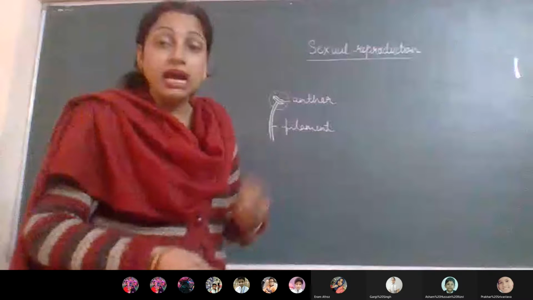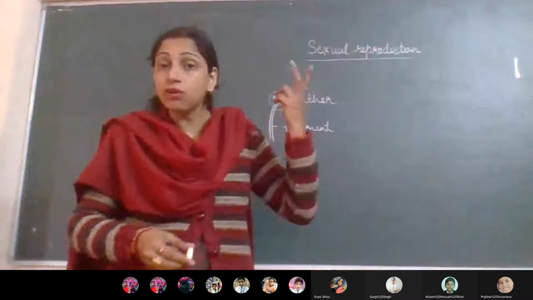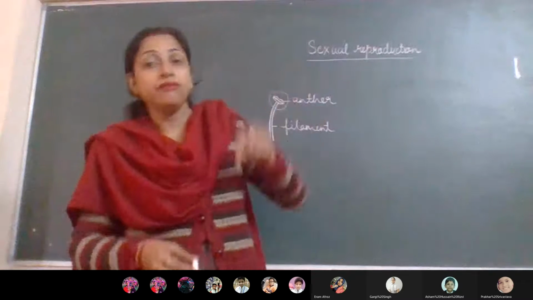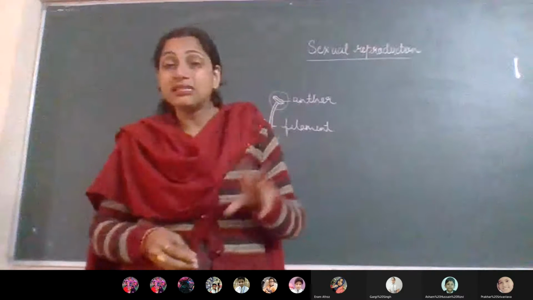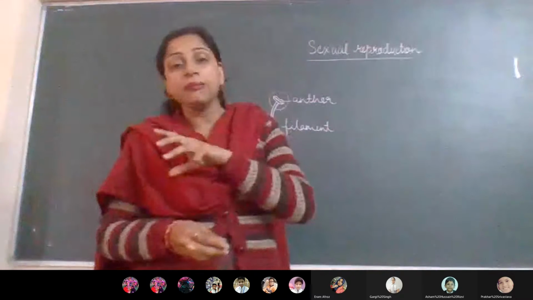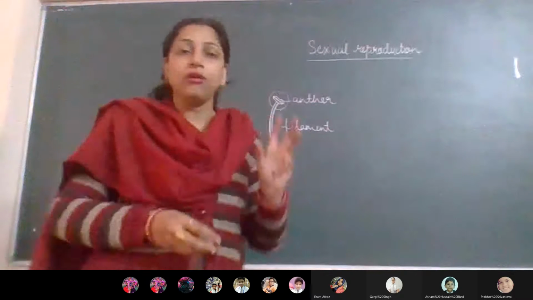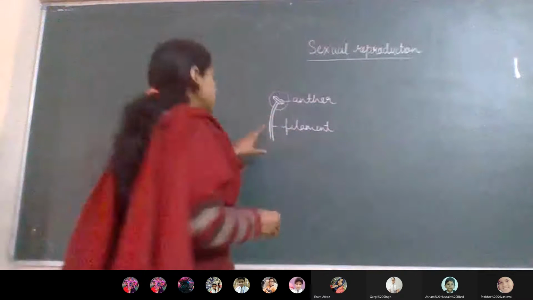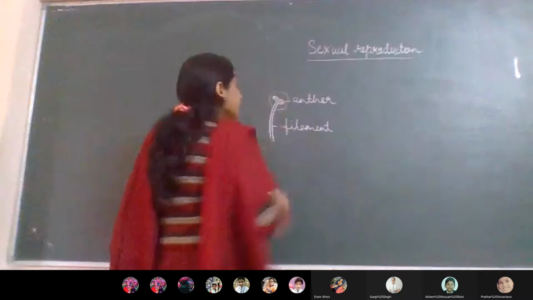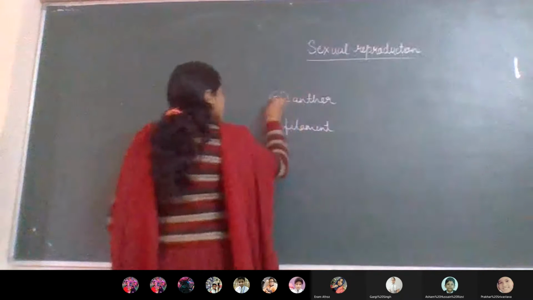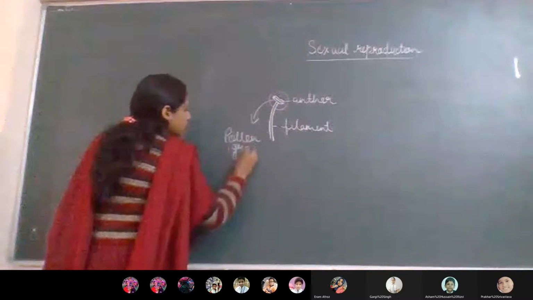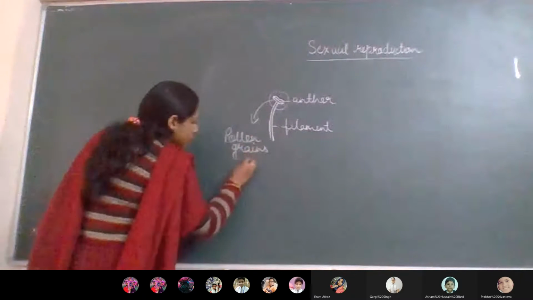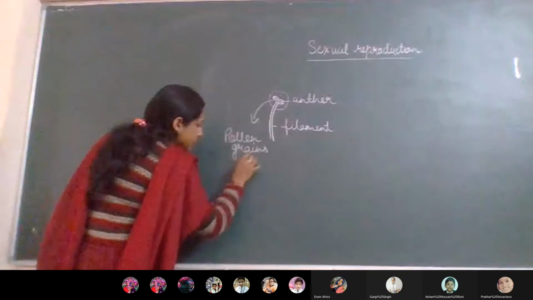These pollen grains are the male gametes. If you remember, we talked about male gametes and female gametes. In plants, the male gamete is the pollen grain and the female gamete is the egg or the ovum. Since this is the male part, it will give out pollen grains, and the structure of the pollen grain is somewhat like this.